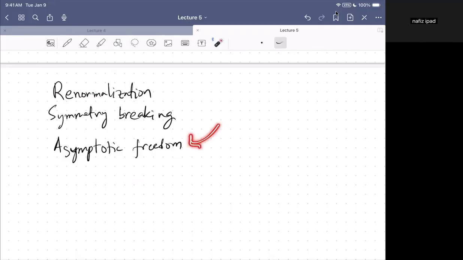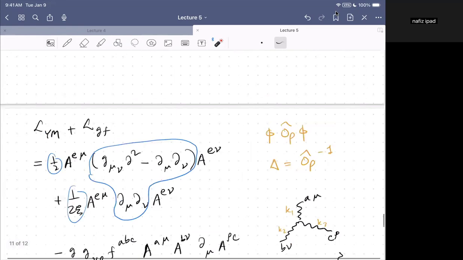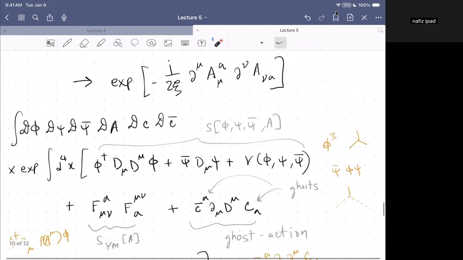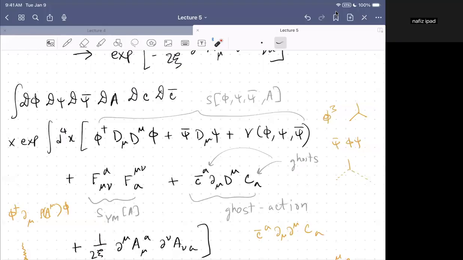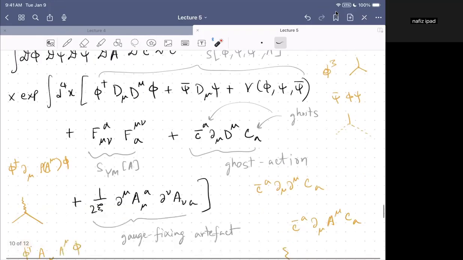This is the idea that in a non-abelian gauge theory, and this really applies to the standard model, if you allow very high energy, or in other words, you are looking at things from a very close range, then the quarks, which are fermions, will appear as free, almost non-interacting. But if you look at them from far away, they will appear to be very strongly coupled. So strongly coupled that you will never see two quarks separately.